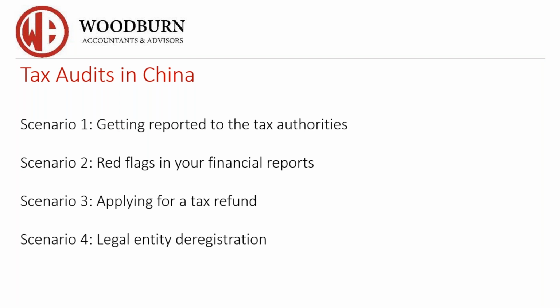The next one is looking at red flags in your financial reports. Under China's golden tax system, the authorities are able to systematically and efficiently spot any potential fraudulent behavior through the financial management reports that are submitted.